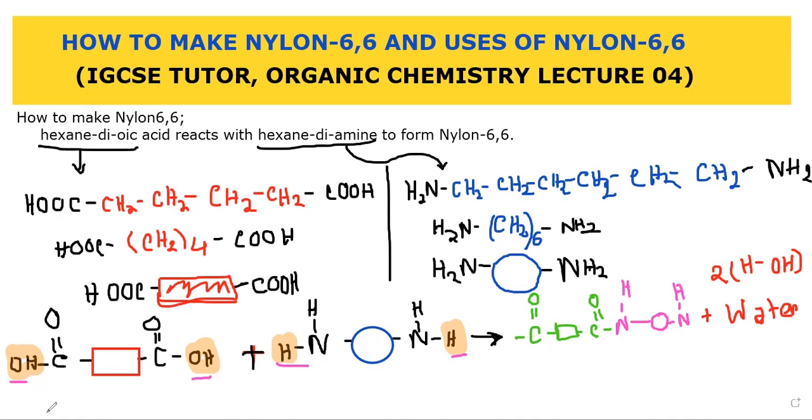So let us see once again what we have done. We take hexane dioic, and we write down hexane dioic as COOH at first. We have the functional unit COOH, and then we write down the remaining carbon atoms of hexane dioic.